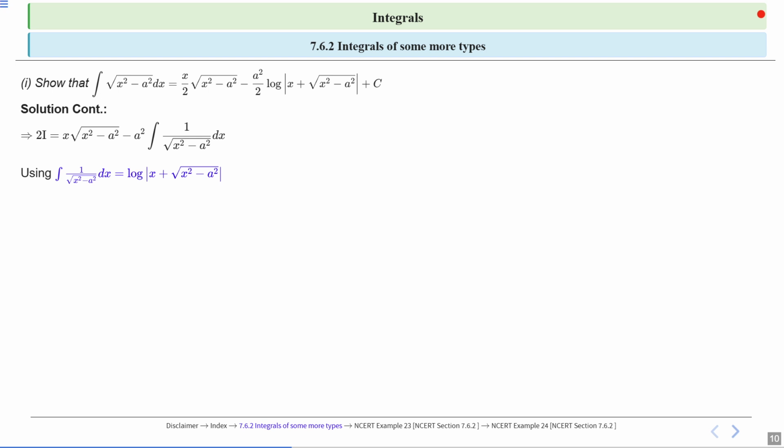Okay, so if we remember the formula of integration of root under x square minus a square dx, that is x by 2 under square root x square minus a square, minus a square by 2 log mod x plus root under x square minus a square. We also know the formula of 1 by root under x square minus a square dx, that is the second term of the formula of root under x square minus a square dx without a square by 2.